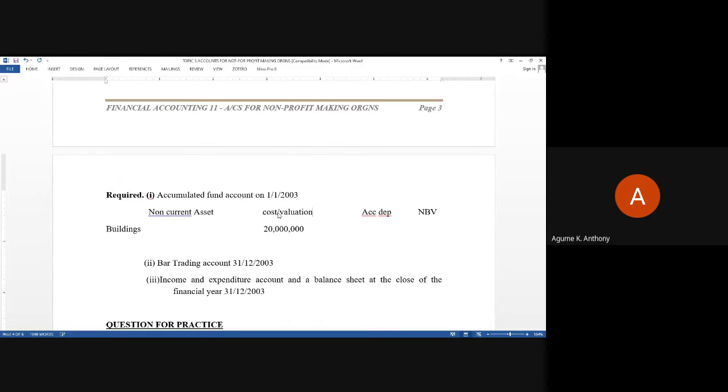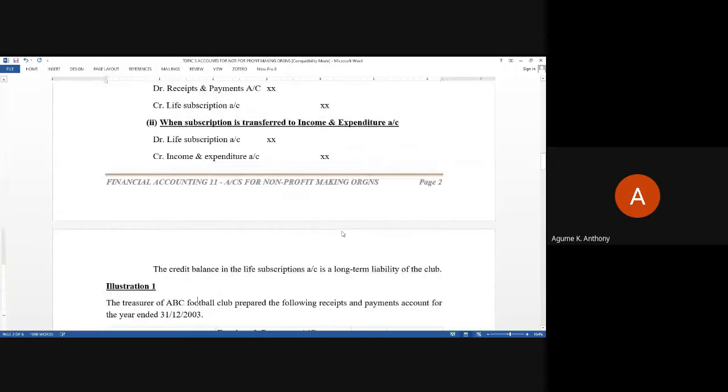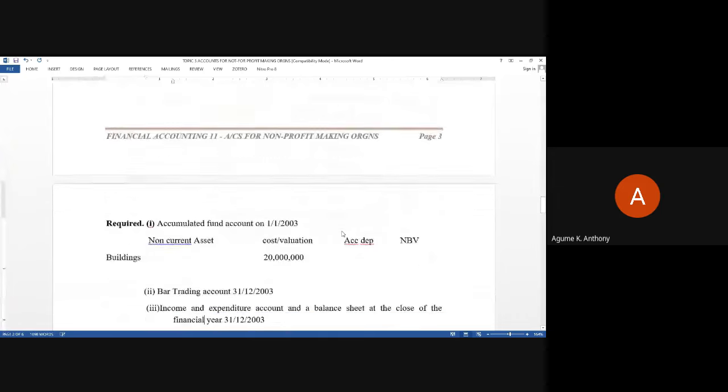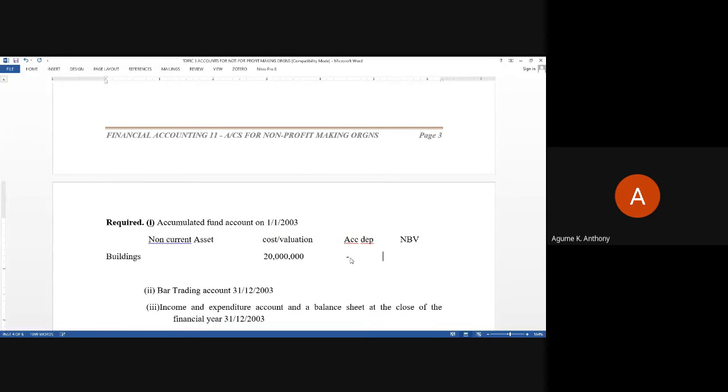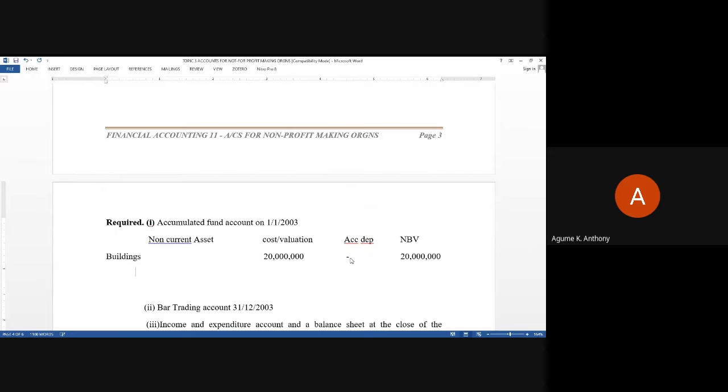Because the building was taken at cost rather than at valuation, because it was revalued another amount. So when I list the accumulated depreciation of the building, is it given by looking at this scenario? It's not there. So meaning that I will take it at 20 million. That is the cost, the valuation amount.